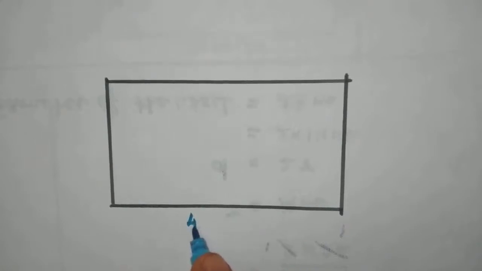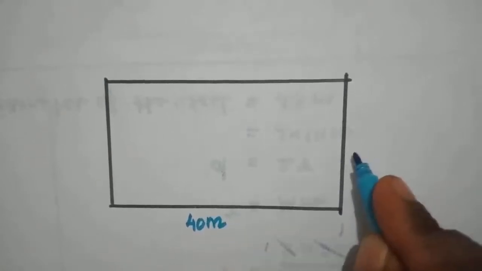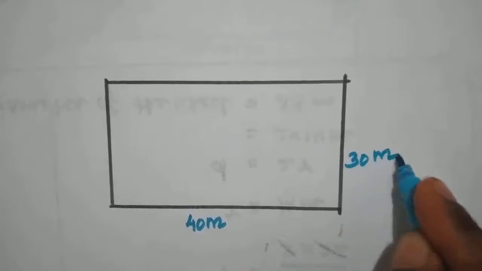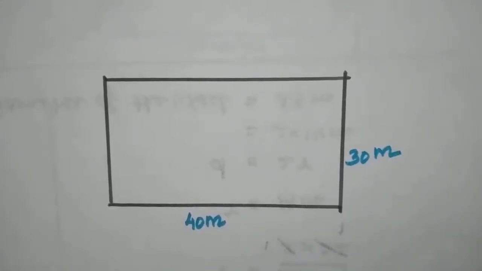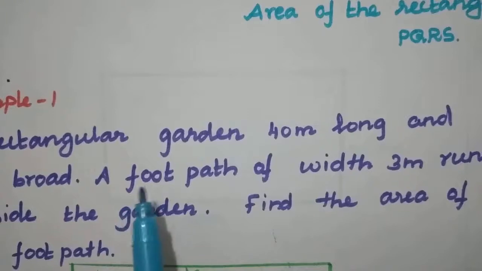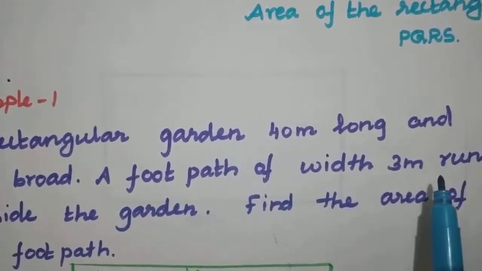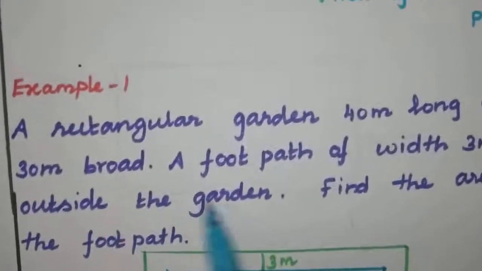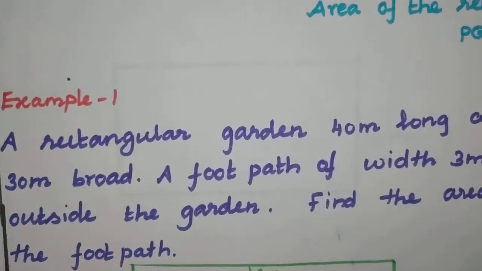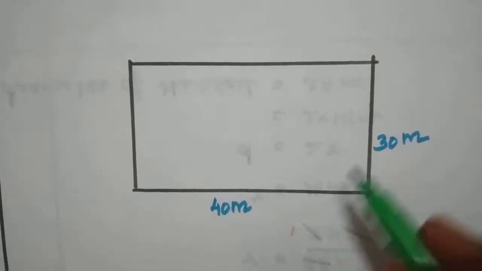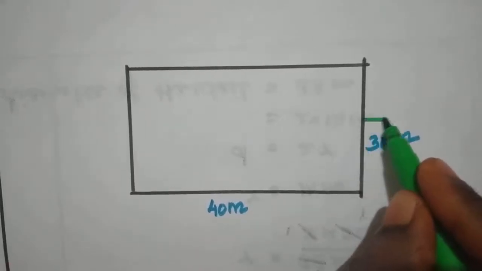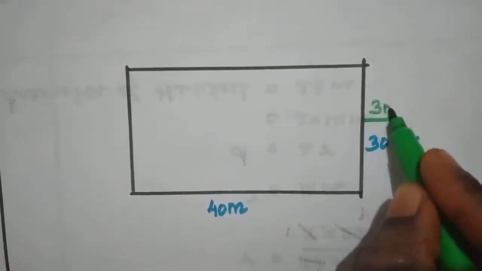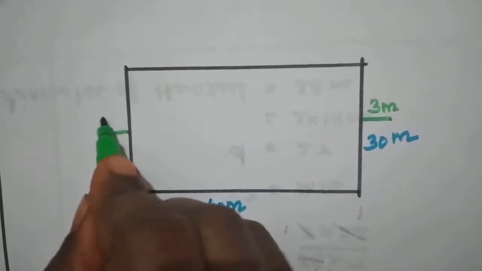It is given in the question that there is a rectangular garden 40 meter long and 30 meter broad, and a footpath of 3 meter runs outside the garden.